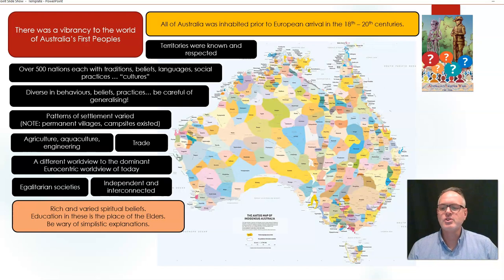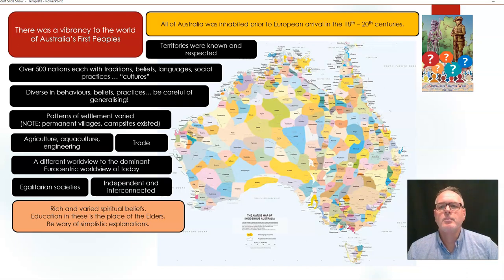Something that will come up at schools a lot is this idea of the spiritual belief of Indigenous peoples, of our First Nations. They were incredibly rich. Something that I've grown to really admire is Indigenous spirituality in Australia. Very, very rich.